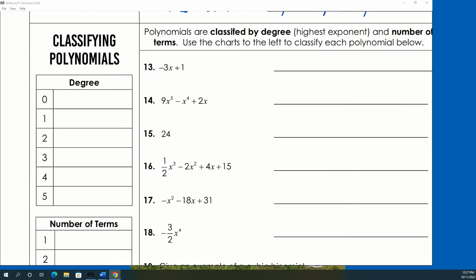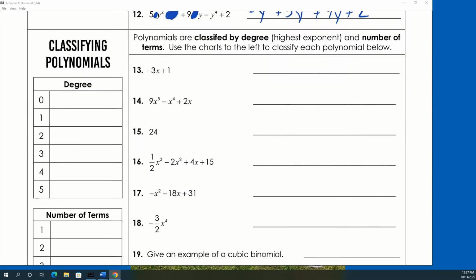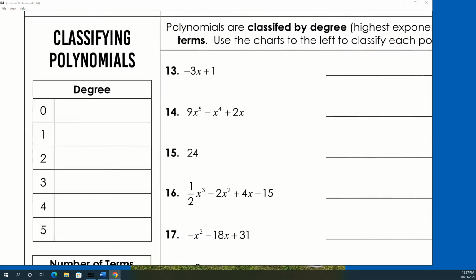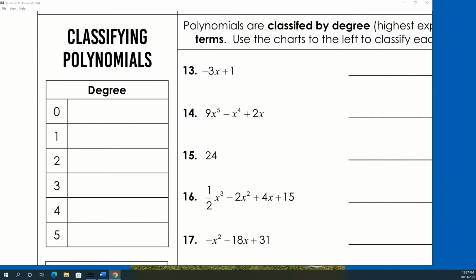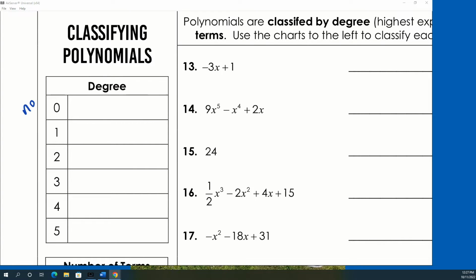So over on the side, each one of these different types of polynomials has a special name. So if the degree is 0, that means there's no variable. And so it's like a number, like number 15, just 24.